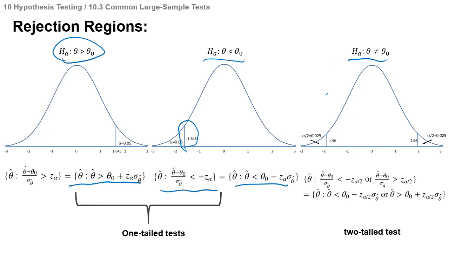And also for the two-tailed test, the two-sided case, the situation is either this one or this one, and so the rejection region would be derived like this. Okay.